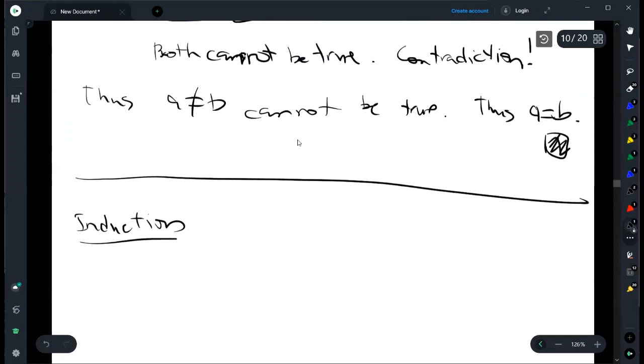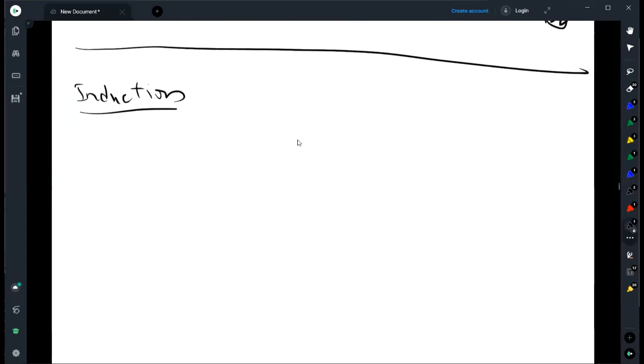Just to recall, let's first define what proving by induction is.